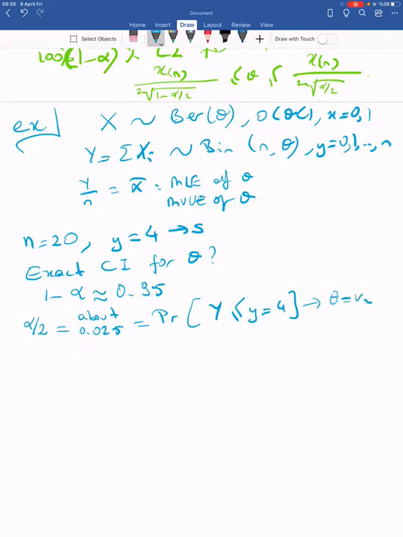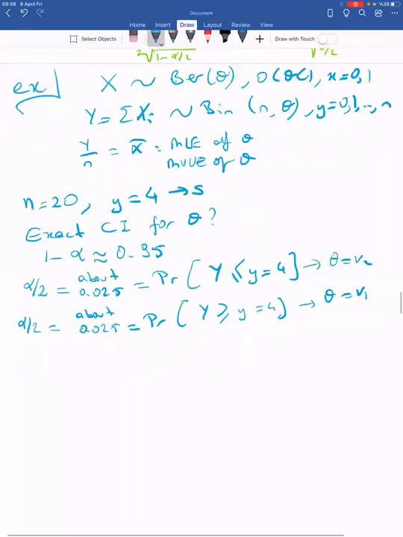And then again with the same probability, about 0.025, we get y greater than or equal to 4, and here we get the lower bound. So we can exactly write this part as 1 minus probability y less than or equal to 3, because we can use cumulative binomial tables in that case.